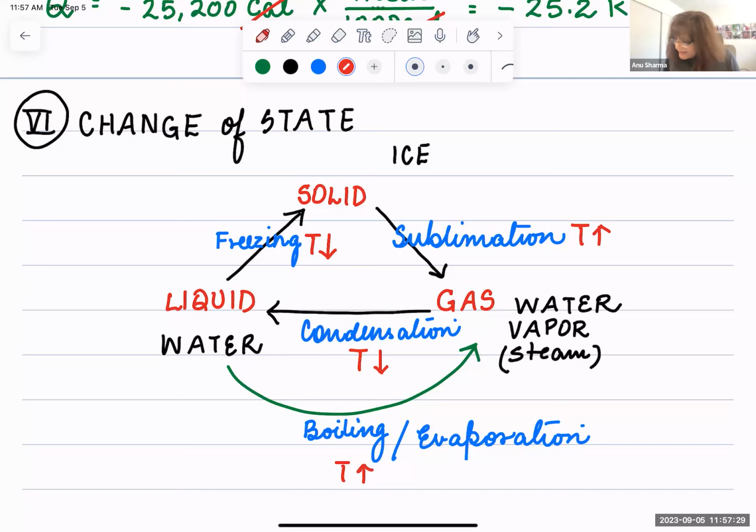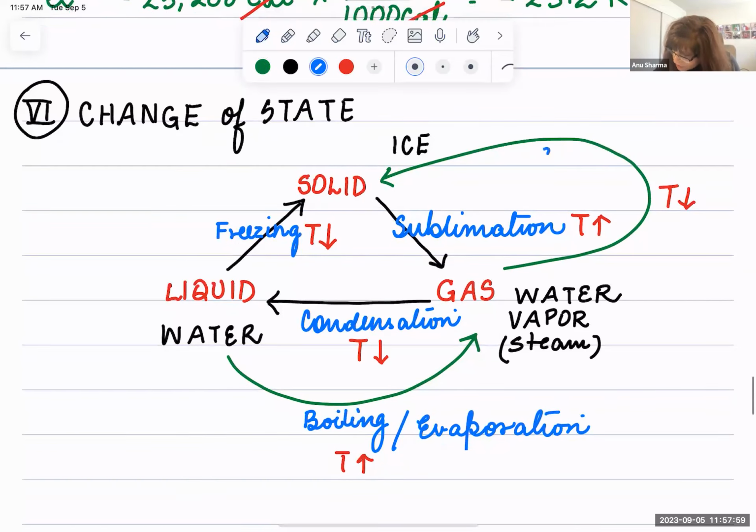All right, next is gas to a solid. How can you make gas to a solid? This is called solidification and occurs when the temperatures are down, very cold temperatures.